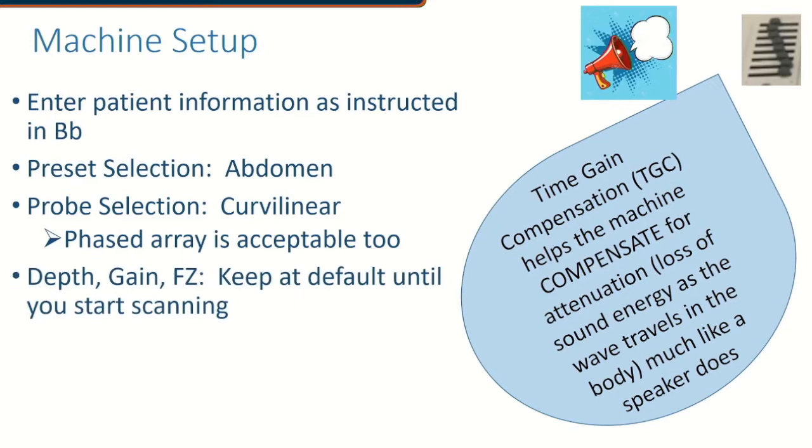While you're setting up your machine, you're going to leave everything pretty much the way it is, and then once you begin scanning, you'll make adjustments to your depth, your gain, and your focal zone. And because we're looking at the liver, a very large organ, you'll have to make almost continual changes to those controls. So now I'd like to go to the machine and enter patient data.